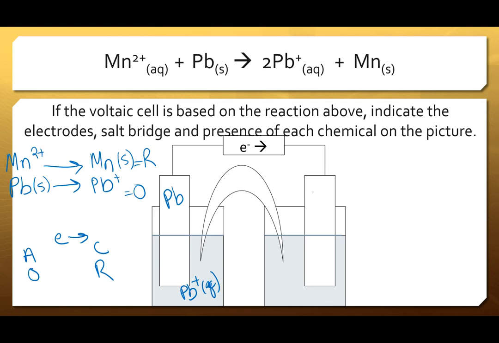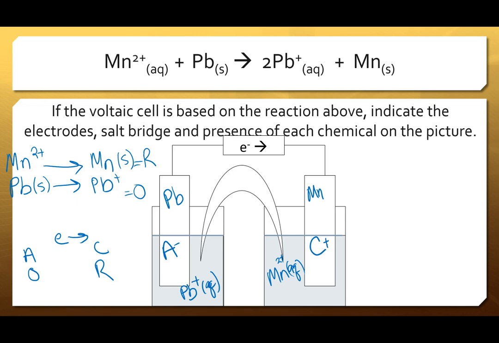On our reduction side, this is going to be our solid piece of manganese right here. And in solution is going to be our aqueous manganese, like that. Okay. This is our anode. This is our cathode. We're flowing negative to positive.